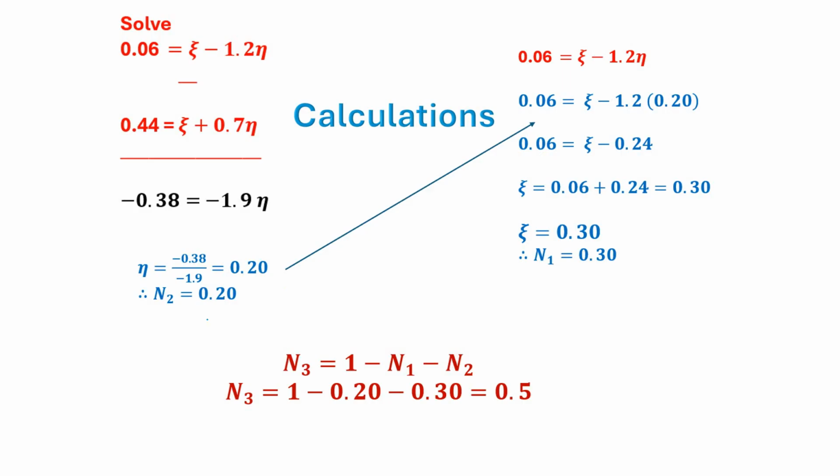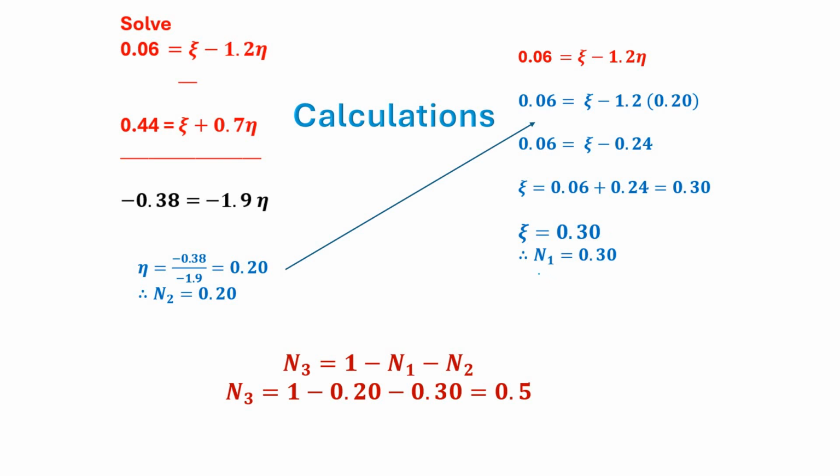So what is the value of psi? The value of eta is equal to 0.2. So N2 equal to 0.2. Obviously N2 is equal to 0.2. Now substitute this eta equal to 0.2 in this equation. So you get 0.06 equal to psi minus 1.2 into 0.2. From this, after simplification, you get psi equal to 0.3.